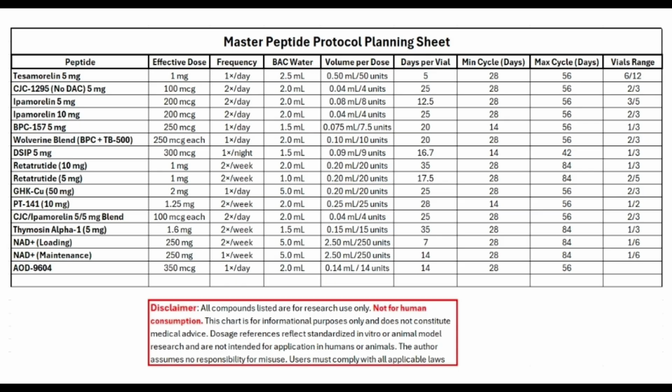It shows you how much backwater you need, how much volume of that reconstituted peptide that you need in order to get the effective dose mentioned right beside the peptide's name. So this master peptide protocol planning sheet is on a website that's linked in my bio.